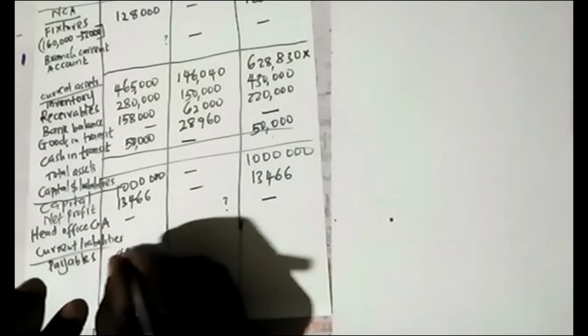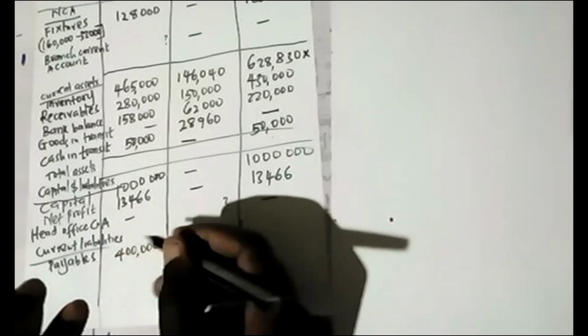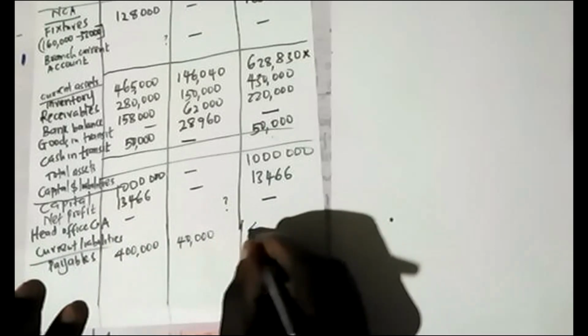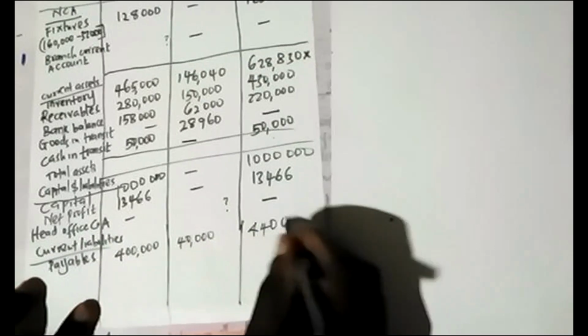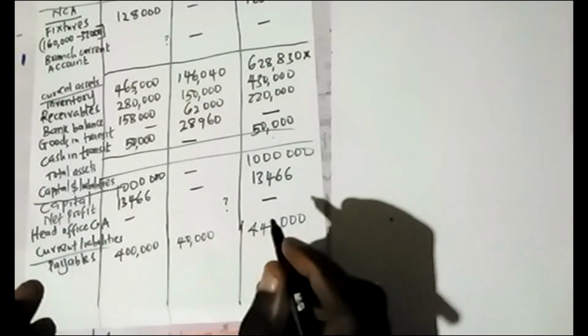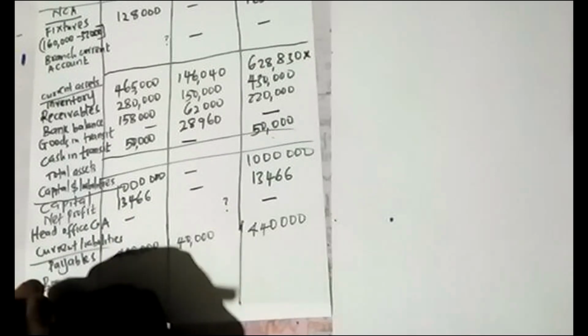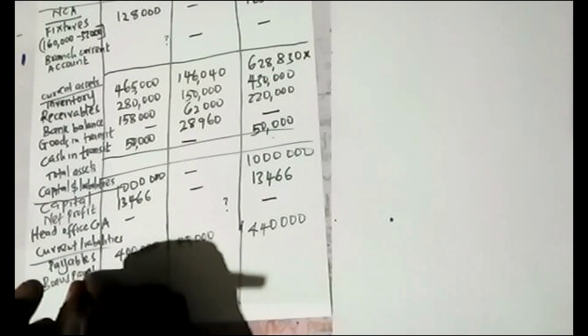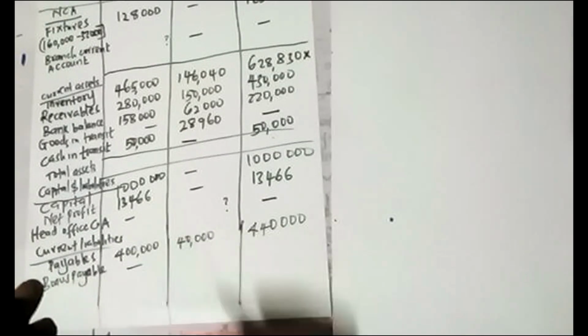So it is 400,000 from the trial balance, direct, and the 40,000. So you get this is 40,000. Then finally you record the bonus which was supposed to be paid to the Mombasa branch manager, the bonus payable.